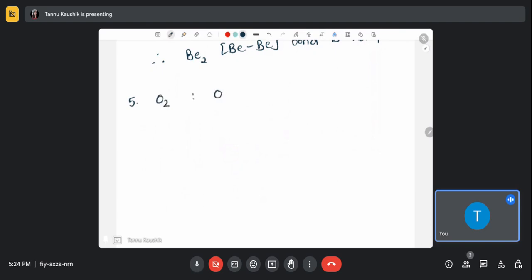So the electronic configuration of oxygen is 1s2, 2s2, 2p4. So this is the core electron, and these are valence electrons.